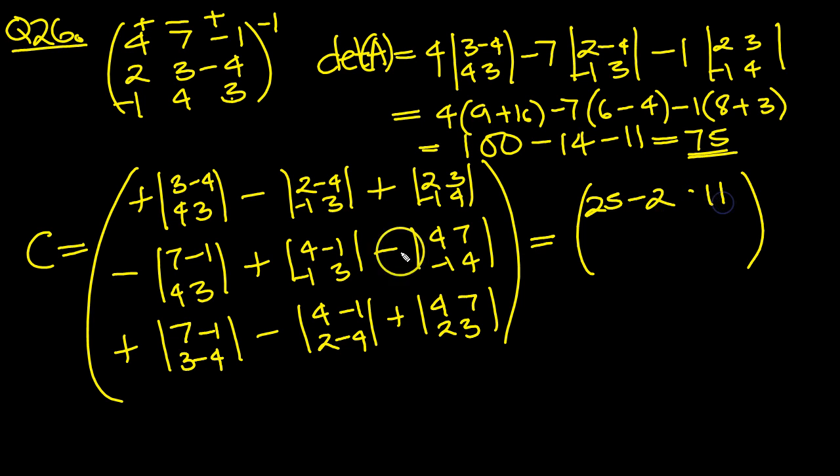So we've got just 11. 21 take away minus 4 is 25 with a minus. 12 take away, and that's going to be 1, isn't it, that product, because there's 2 minuses. 12 take 1 is 11. And this one, 16. Take away minus 7 is plus 7. 16 plus 7 is 23.